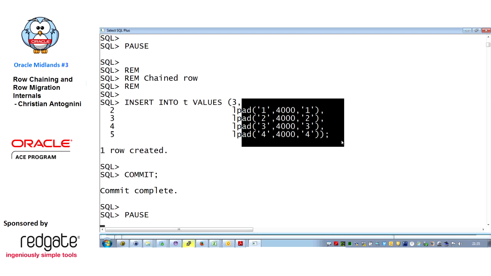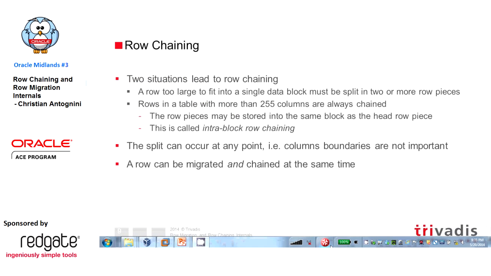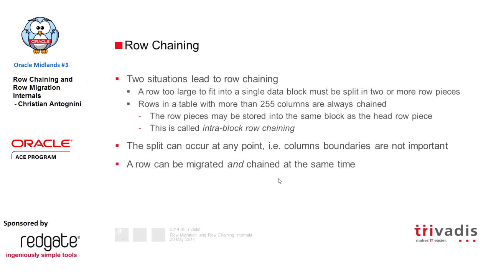Of course, I need at least 2 blocks to store the information, if not 3, depending on how much overhead I have internally. So if I have this kind of situation, I need more blocks, and it's where row chaining is typically used.